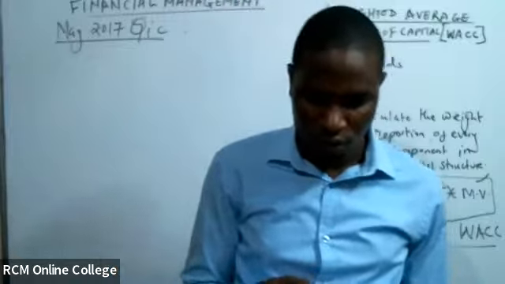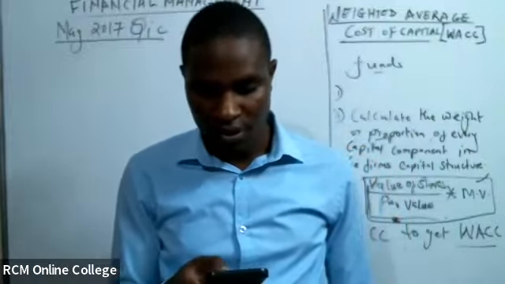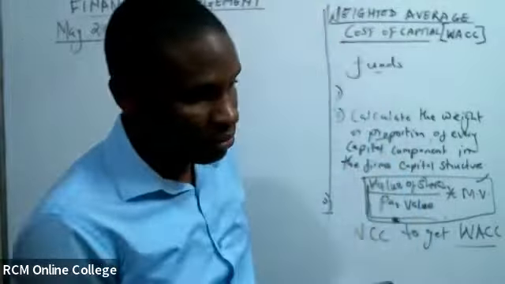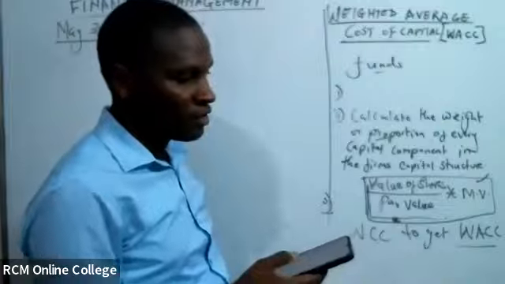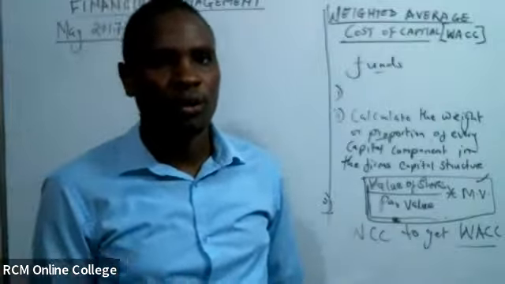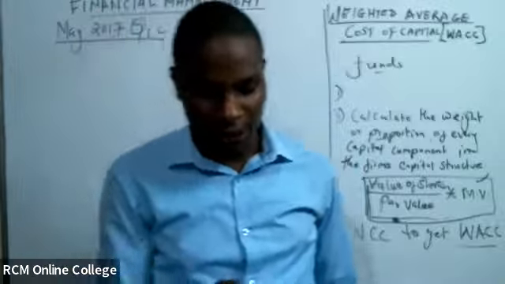Then class, we are required to compute several items. The first one is the annual dividend growth rate using the Gordon's growth model. This is very important to us. So class, how do we compute the growth here?